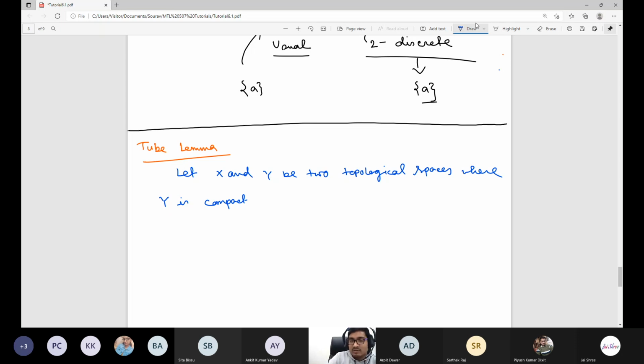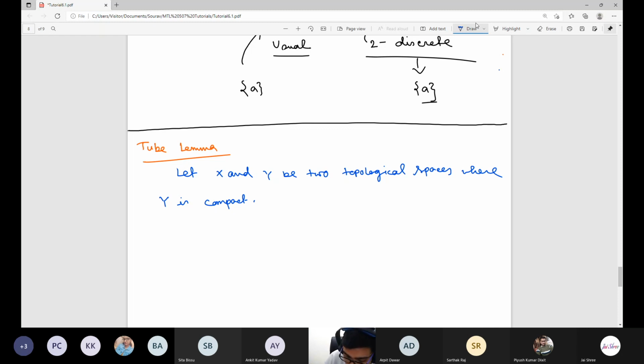I am not writing tau 1 and tau 2, I am simply writing that X and Y are topological spaces. So it is understood that there is some topology, and with respect to that topology, Y is a compact set. That's all.